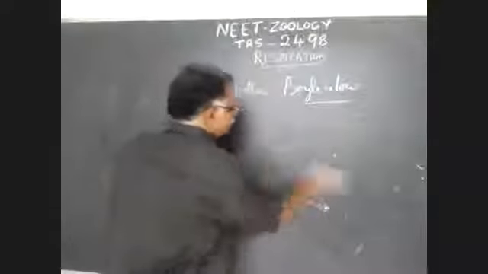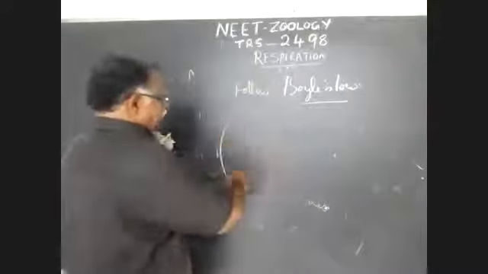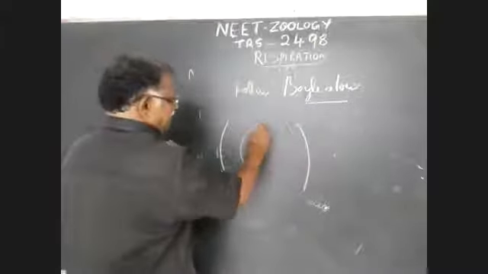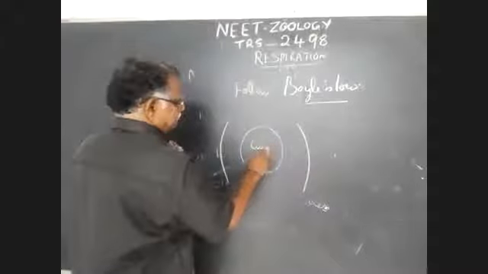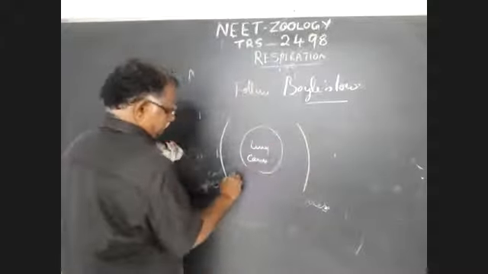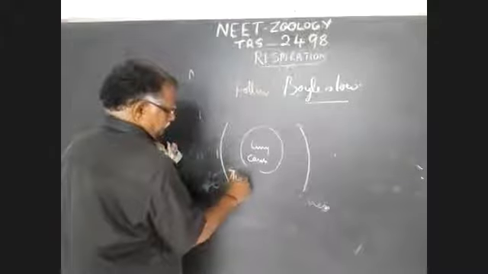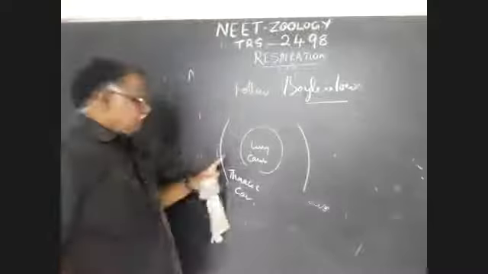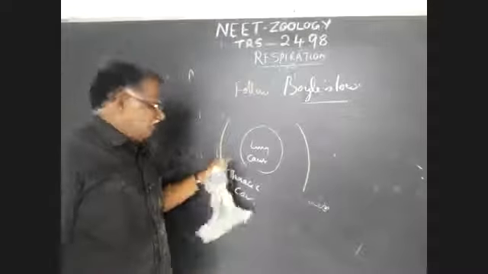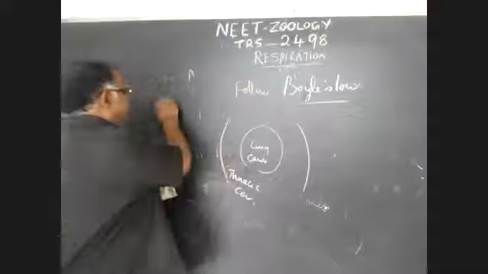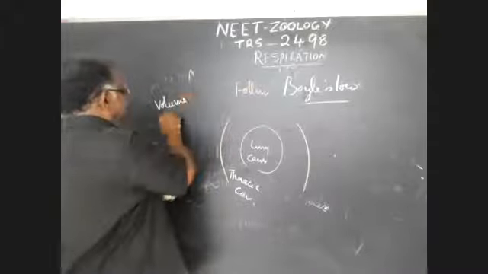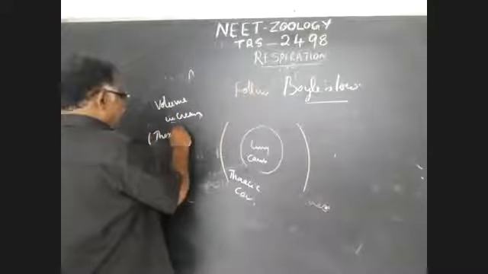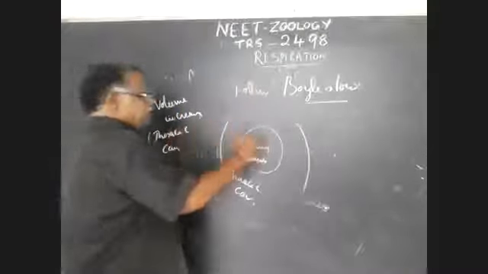Here, this is the thoracic cavity, and this is the lung cavity. Suppose the thoracic cavity volume increases. What happens?